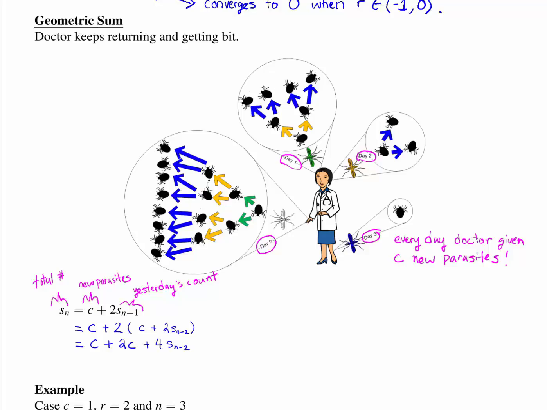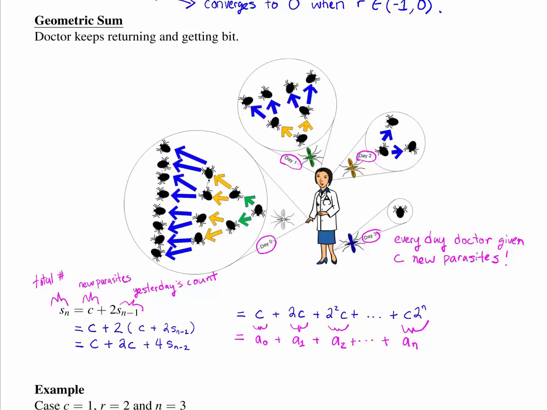And we could continue this process to find that Sn is equal to c plus 2c plus 2 squared c plus etc. right up to c times 2 to the n. And we call these then the different terms a. So the first one would be a0, which would be c, a1 would be 2c, etc.